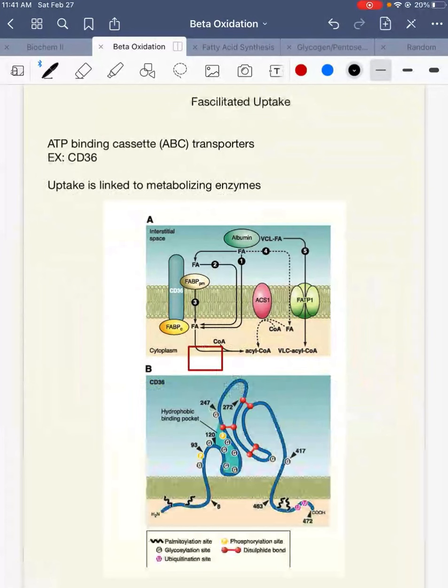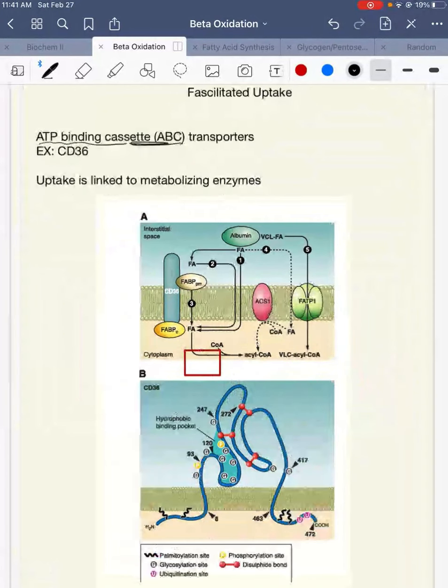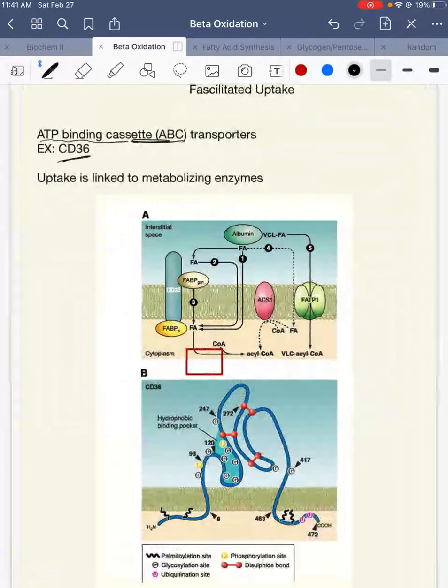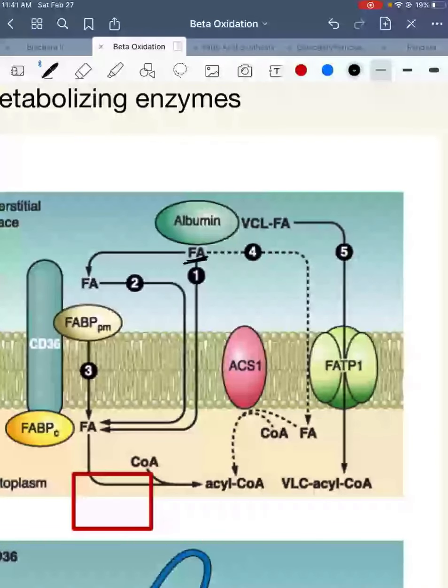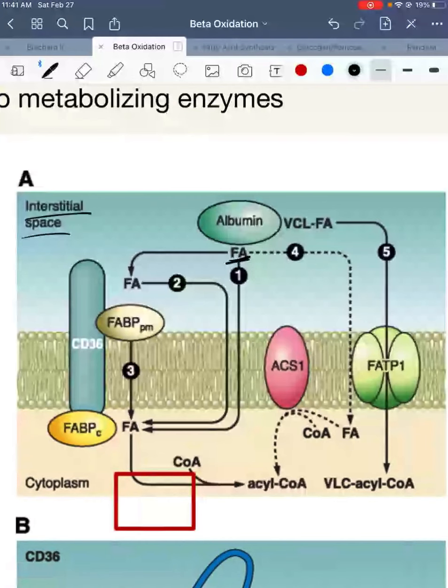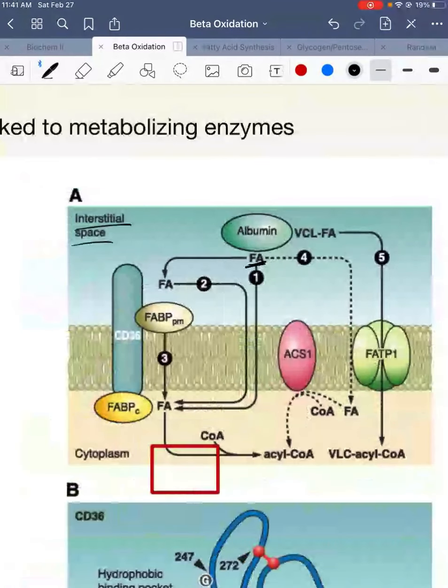And it also depends on what tissue we're looking at. So there are these things called ABC transporters. An example would be CD36. So this is the albumin, binding fatty acids in the blood. And this is the extracellular matrix or the interstitial space, which is just anything outside the cell.